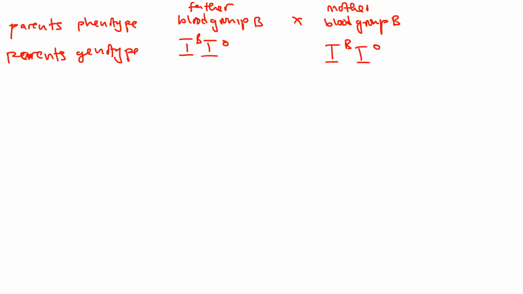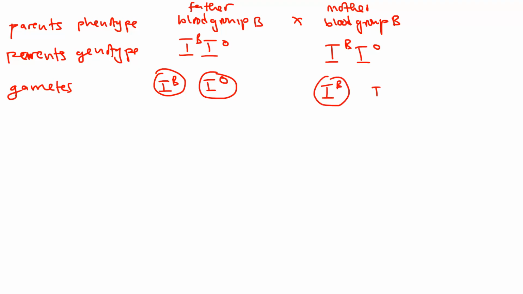Then now the gametes, we just separate these and put them in circles. So now here, when fertilization occurs, what are the possible offspring?